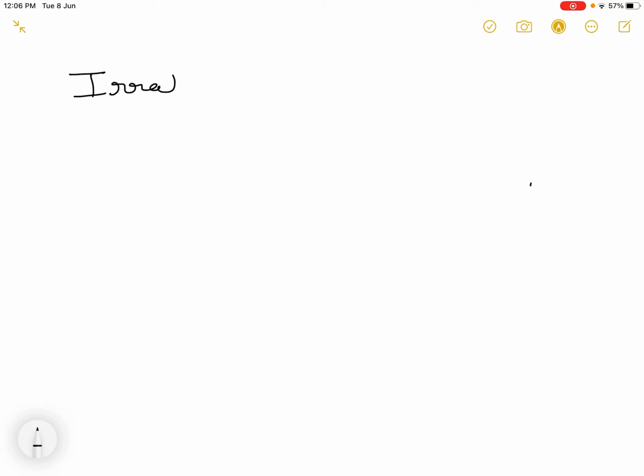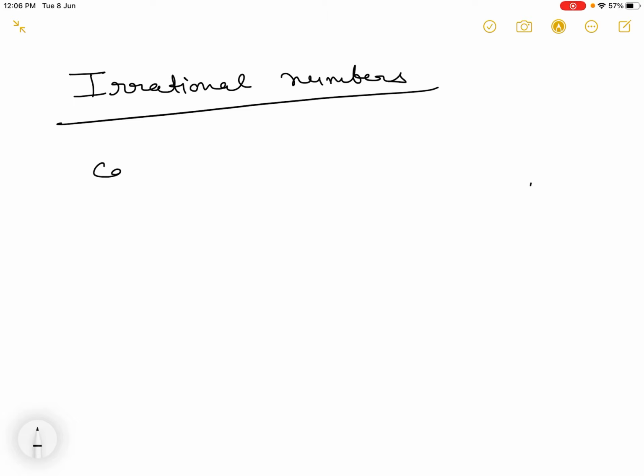About irrational numbers. Irrational numbers are those numbers which cannot be written in P by Q form.